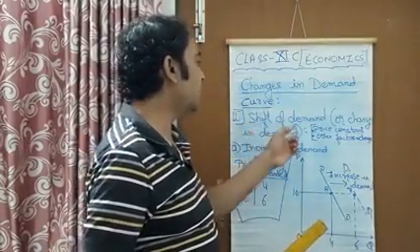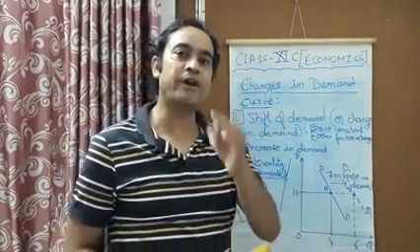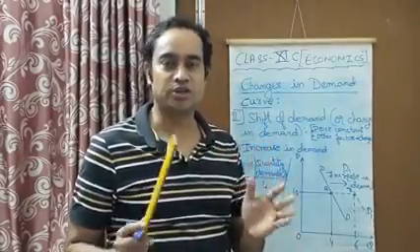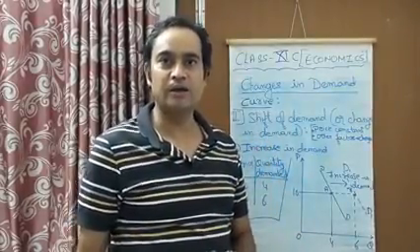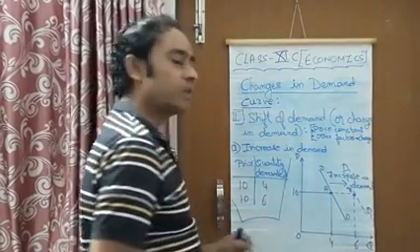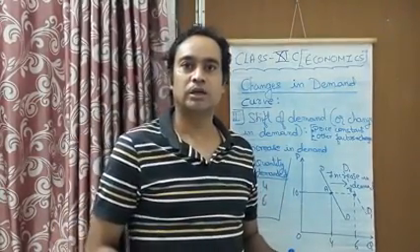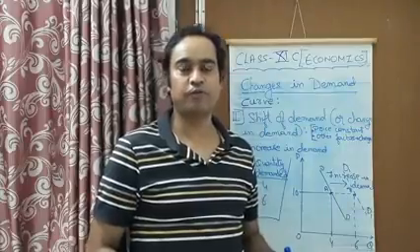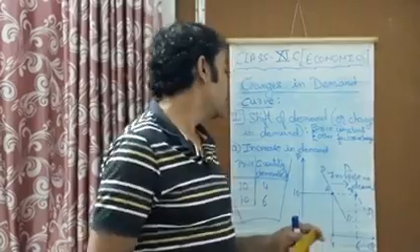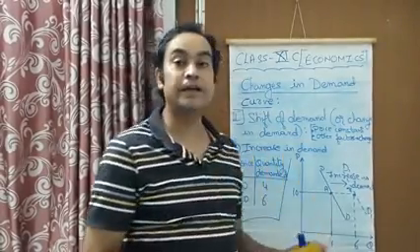This is very clear to you all. So shift of demand curve takes place when the other factors are changing and the price is going to remain constant, right? And let's move on to the another shift of demand, that is called decrease in demand.